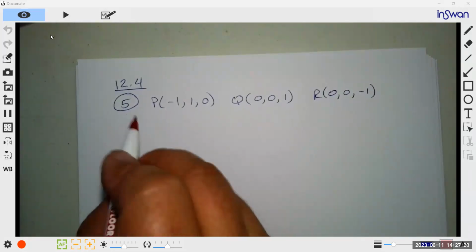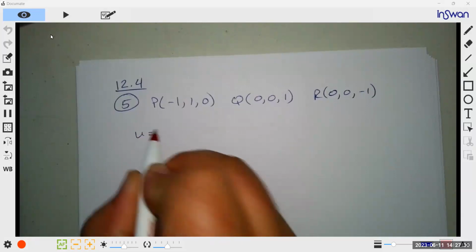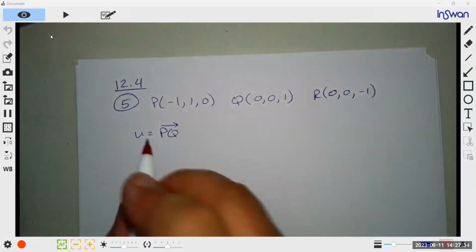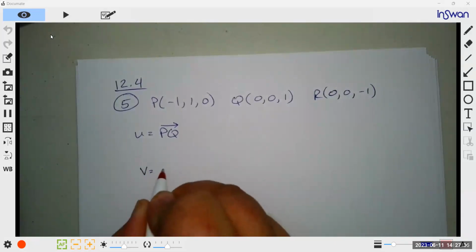So we first have to find vector U, which is going to be PQ, and vector V, which is going to be PR.